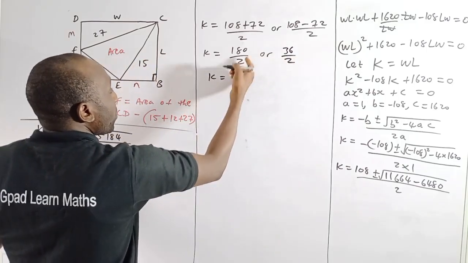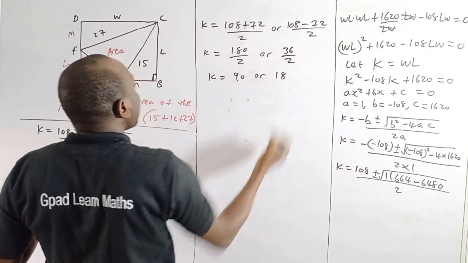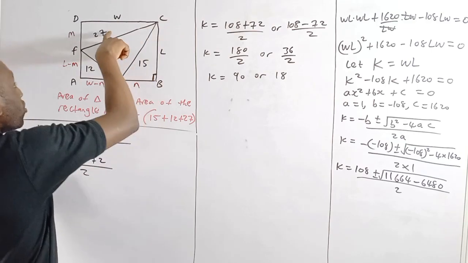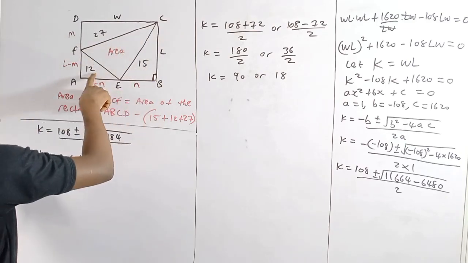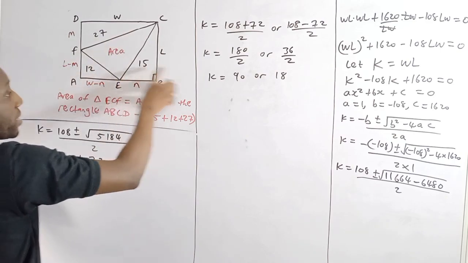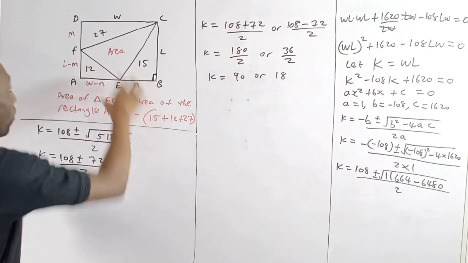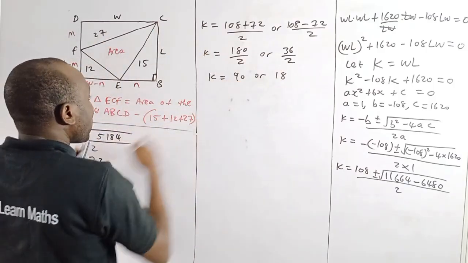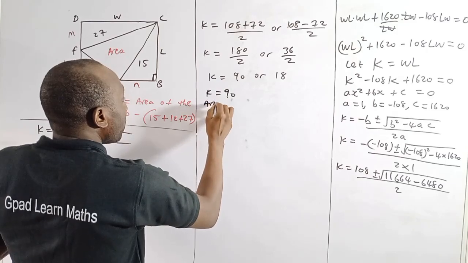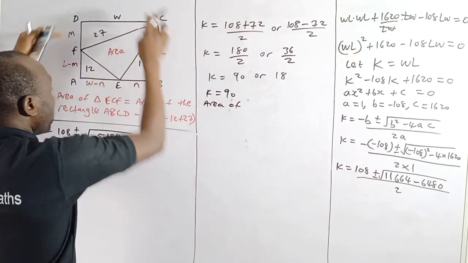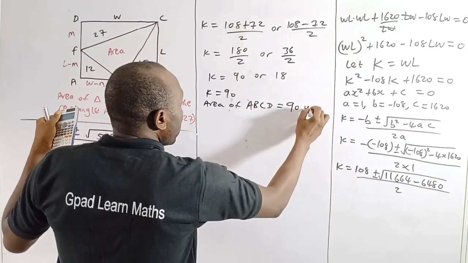So K is equal to 90, or 36 divided by 2 is what? 18. Now if I check this rectangle, this is 27. The area of this triangle is 27. This is 15. This is 12. If you add these 3 areas, it's already more than 18. So 18 cannot be the area of this rectangle. It has to be just 90. So K is equal to 90. Therefore, the area of what? Rectangle ABCD is equal to 90 units square.